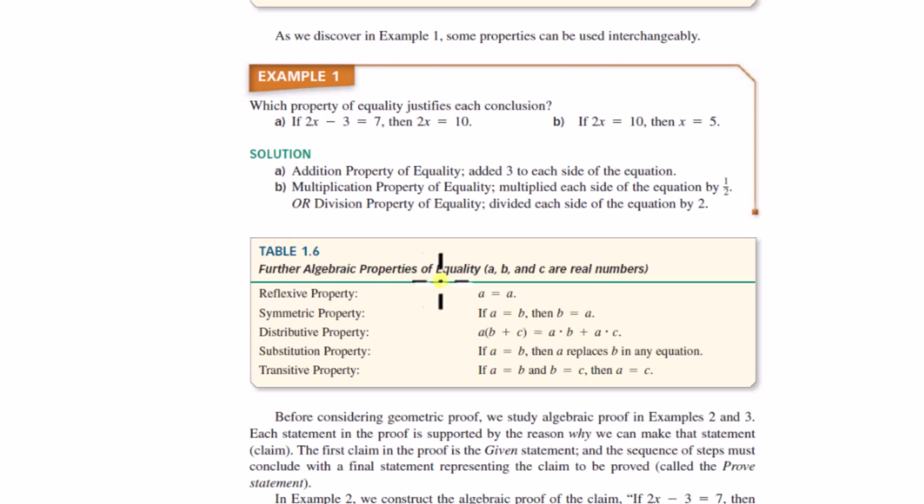Okay, further, here's more properties of equality. The reflexive property, symmetric property, distributive property, substitution property. If A is equal to B, then A replaces B in the equation. Transitive property. Yes, I mean, these seem obvious to us. But if you're doing an official math proof, you have to be rigorous.